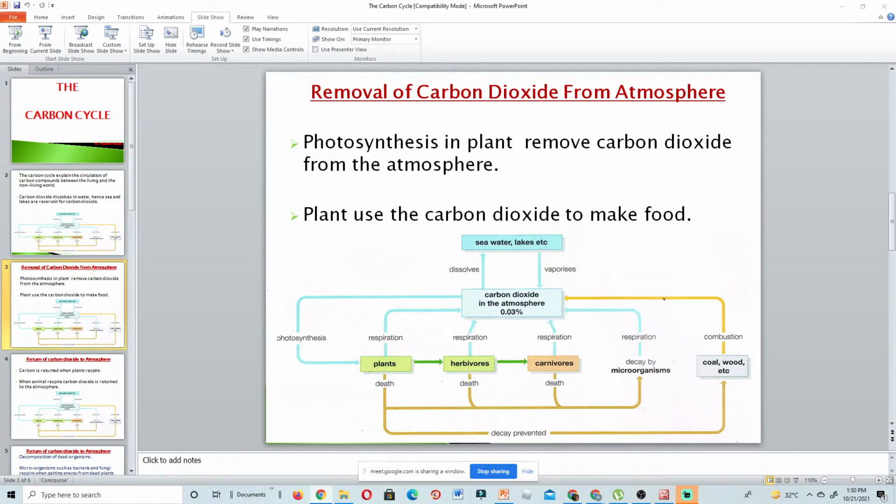So plants use carbon dioxide to make food, so it is very important to plants.